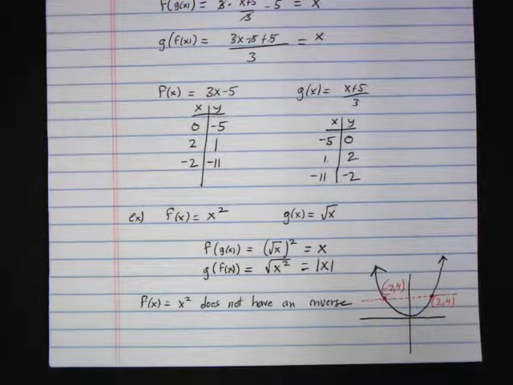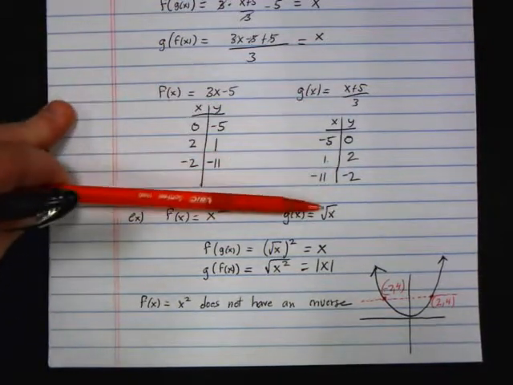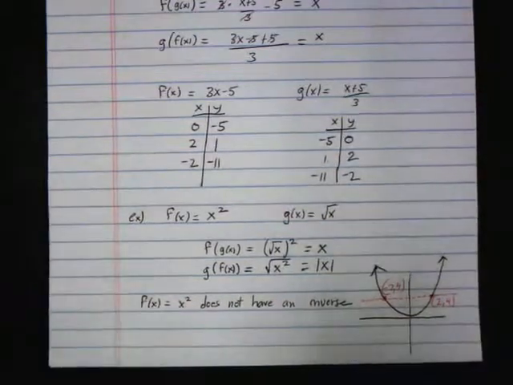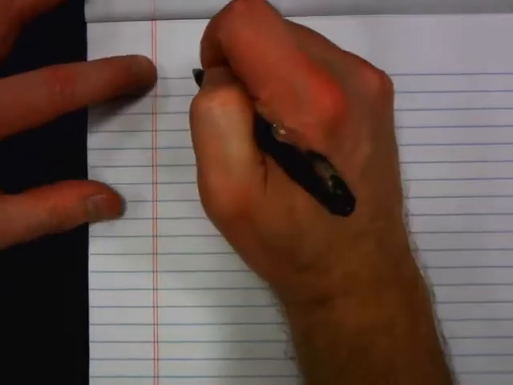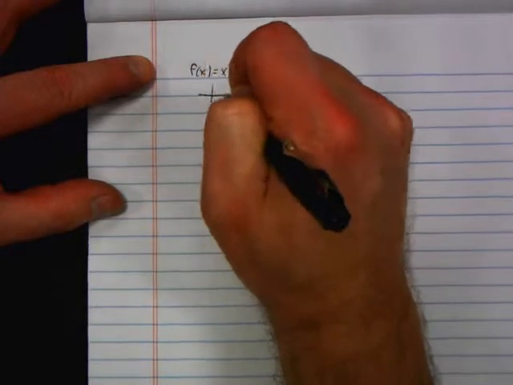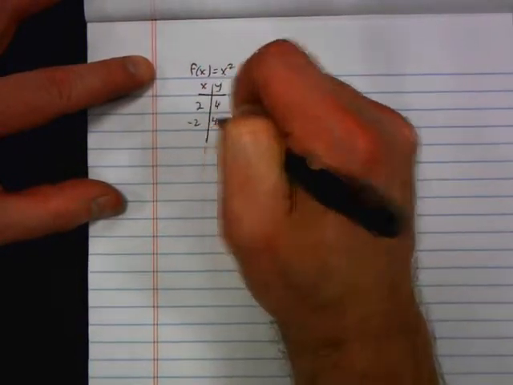So what would happen if I tried to, for x squared, make my f of x table and then make my g of x table? For f of x equals x squared, my f of x table would have to have (2, 4) and (-2, 4).